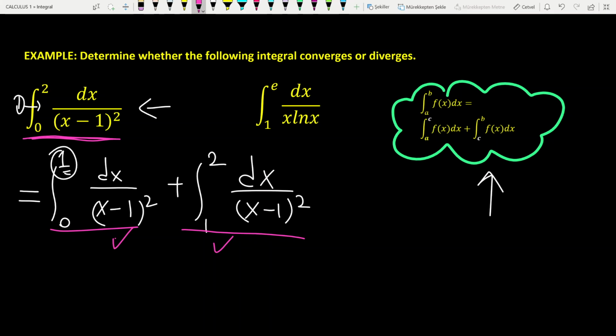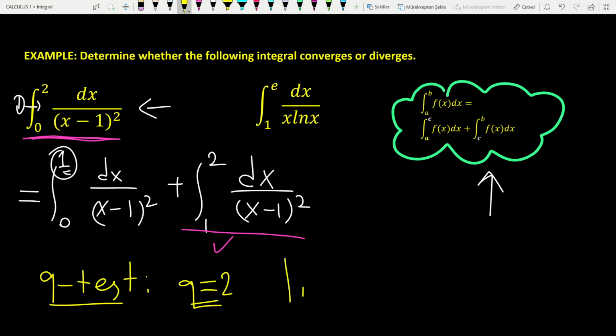Okay, what do we say about the first improper integral? The integral from 0 to 1 dx over (x minus 1) squared. This is a second type improper integral. And I want to use the modified limit comparison test or Q test. Let's use the Q test, okay? And let's say Q is equal to 2.